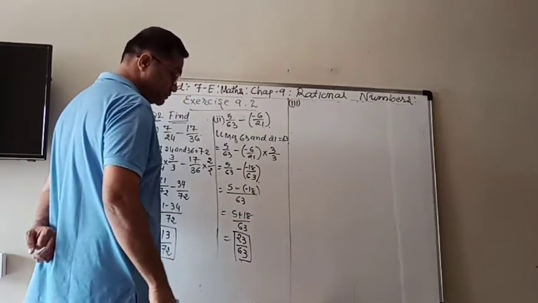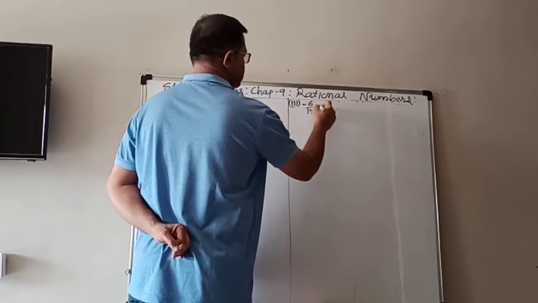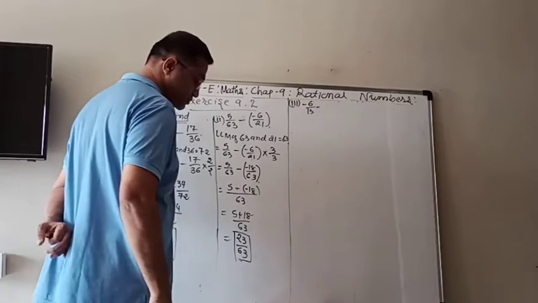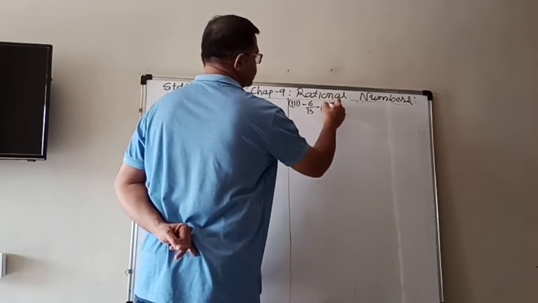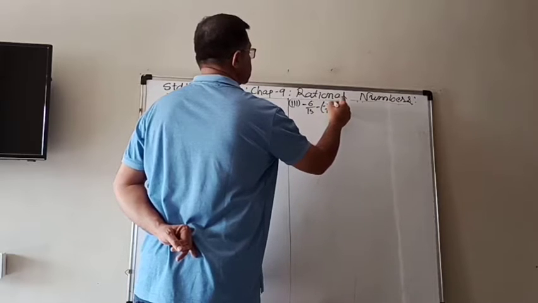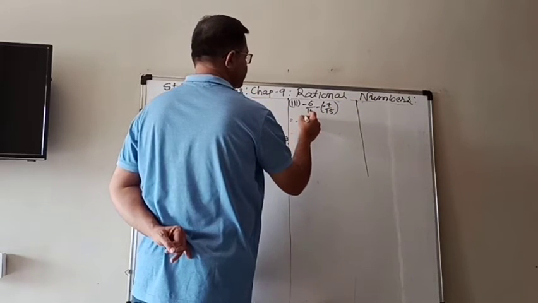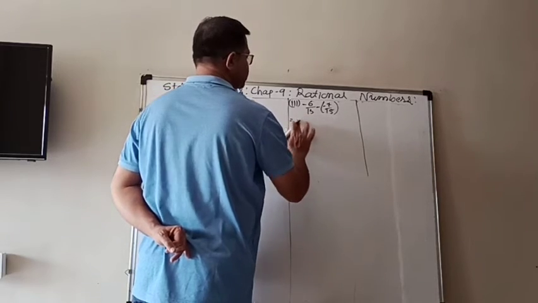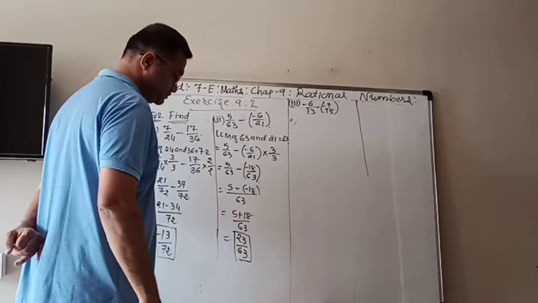Take the third one: minus 6 upon 13 minus 7 upon 15. Now the LCM of 13 and 15.